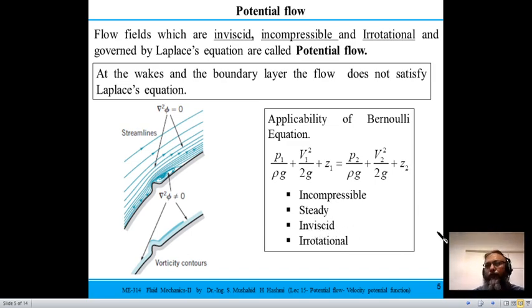Now, what is essential for potential flow is that this important condition of irrotationality must be satisfied, because vorticity for potential flow is 0, and you know the vorticity vector is the curl of the velocity vector.